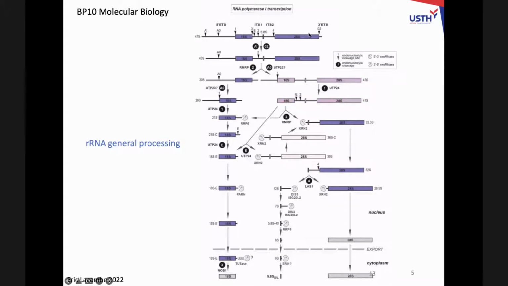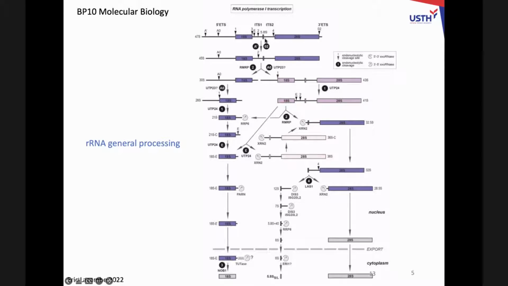The only thing that we need to keep in mind is that the first RNA molecule that is produced is a single RNA molecule that contains all the precursors of the final 3 RNA that are composing the ribosome. It's not necessary to remember all the steps because it doesn't make sense.